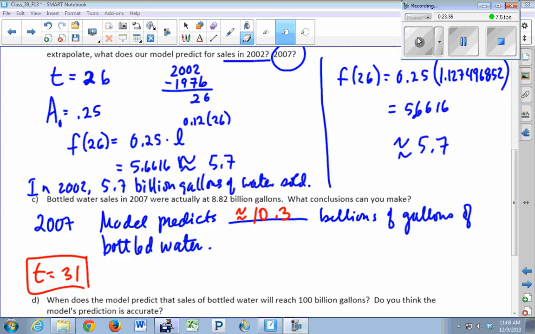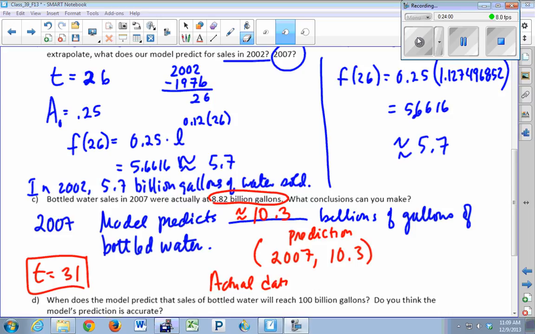If we actually look at our model now, our model is predicting that in 2007, 10.3 billion bottles of water. So this is the prediction. The actual number of gallons that were sold was 8.82. So the actual data point for 2007 was 8.82.